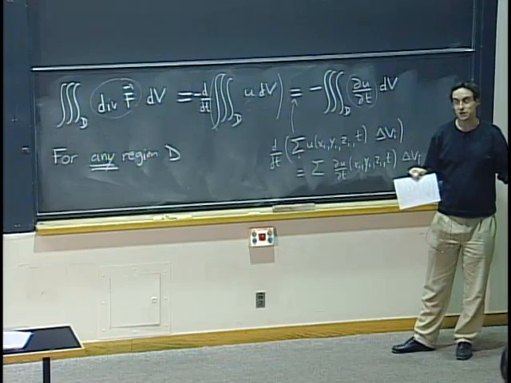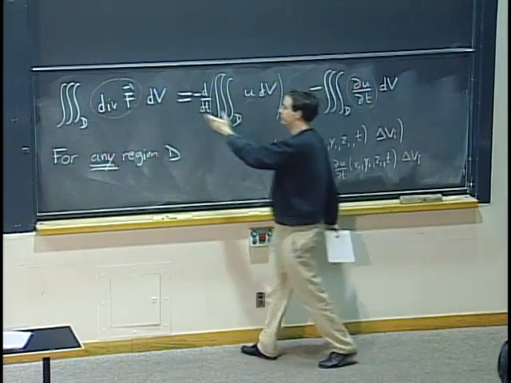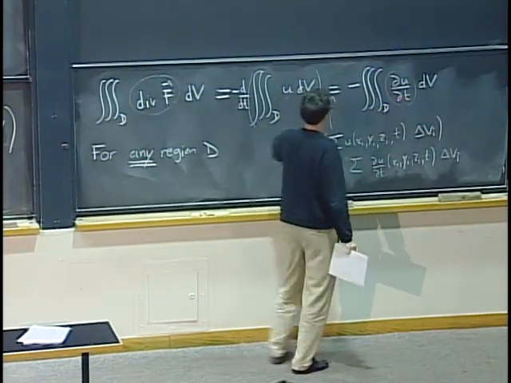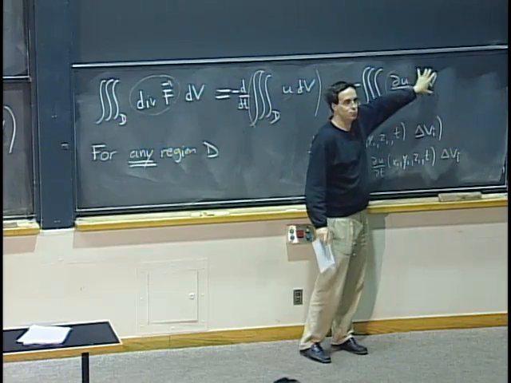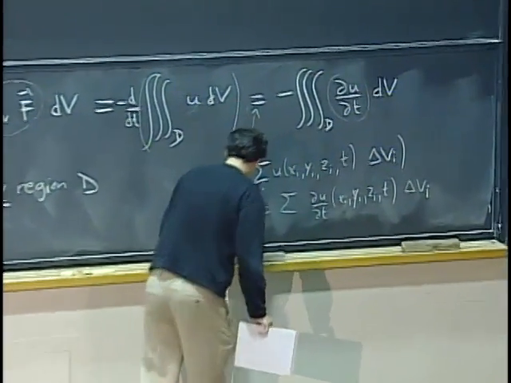Well, that must mean they're the same. Right? Just think of what happens if you just take D to be a tiny little box. You'll get roughly the value of div f at that point times the volume of a box. Or you'll get roughly the value of ∂u/∂t at that point times the volume of a little box. So the values must be the same.